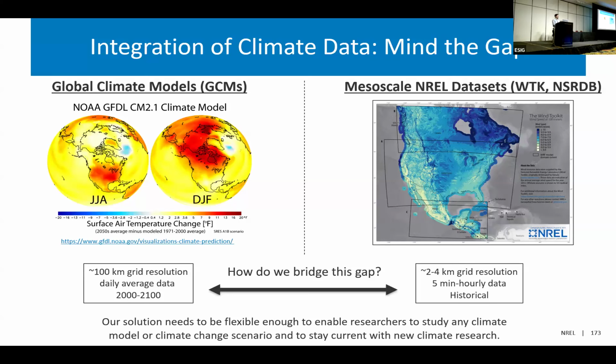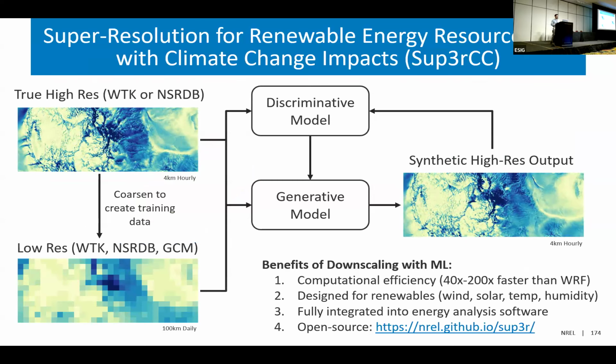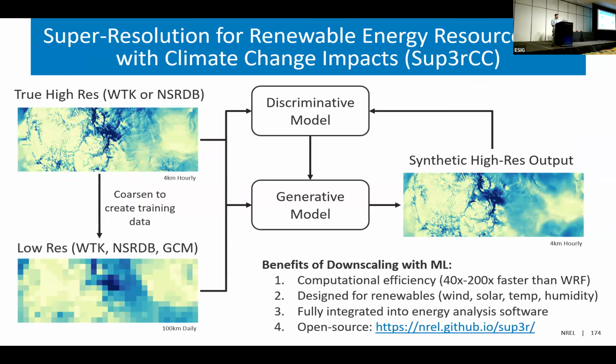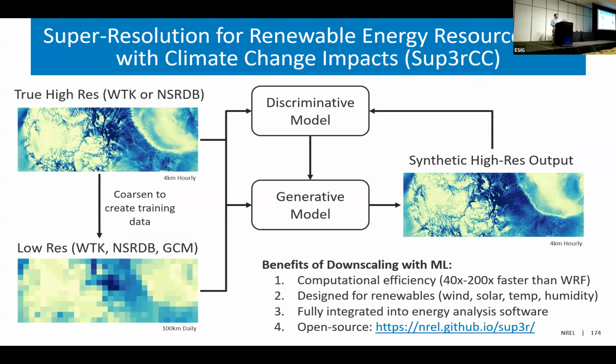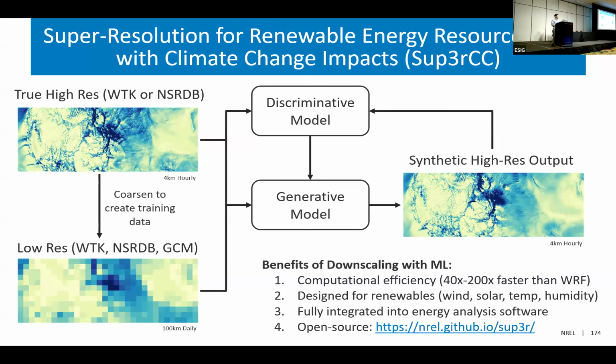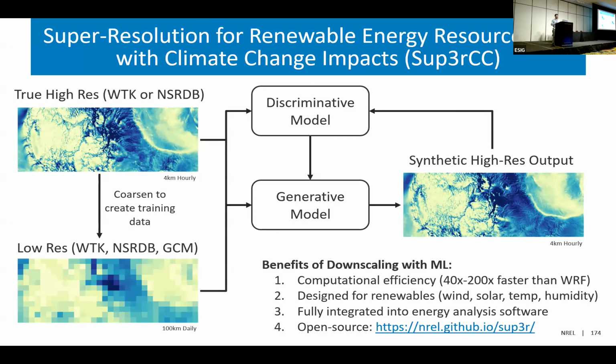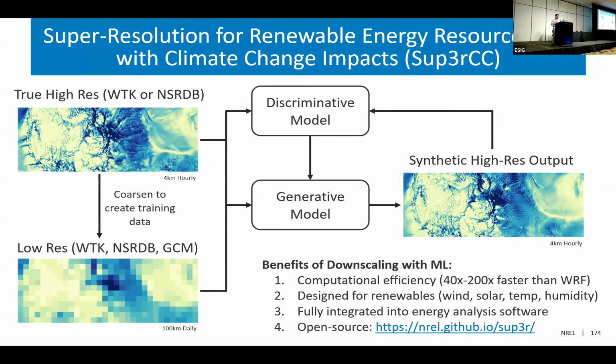There's a number of ways to do this. It's all typically called downscaling, physical model downscaling, statistical model downscaling. We at NREL are pioneering this new method called super resolution for renewable energy resource data with climate change impacts. Quite a mouthful, or just Sup3rCC for short. It's a super resolution model influenced by generative machine learning models for image and video processing.